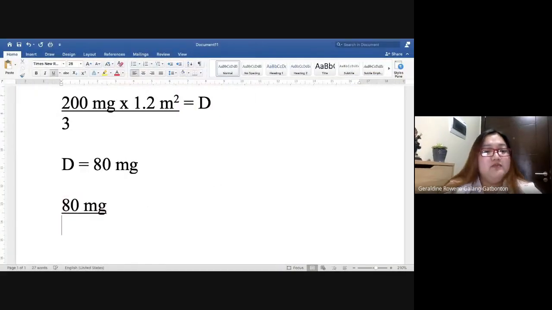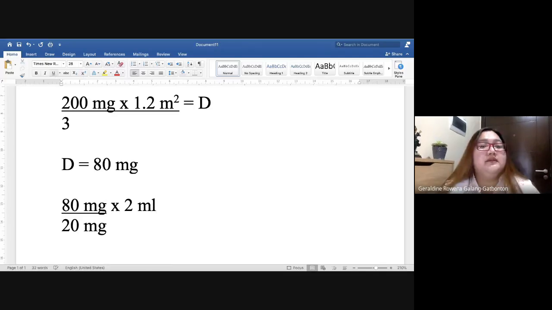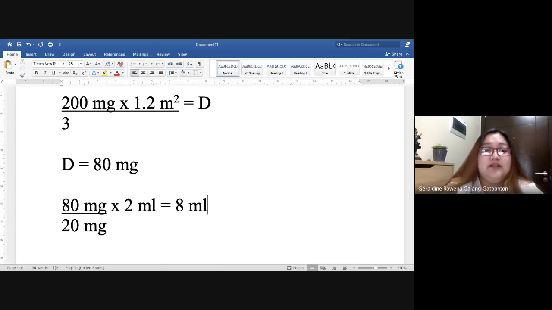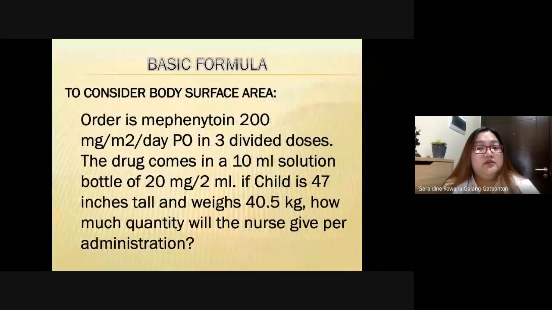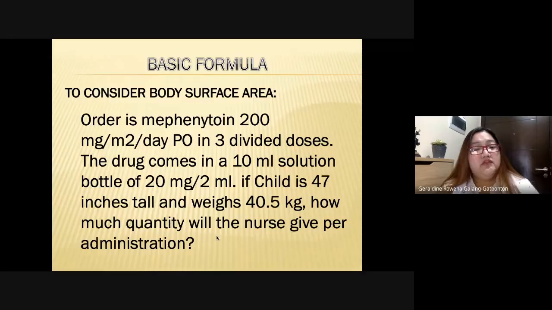Ibig sabihin yung H mo ay 20 mg, and then, ano yung quantity? 2 ml. So, D over H times 2. Okay, so 80 divided by 20 times 2. So, ilan ang quantity lahat nung ibibigay mo doon sa patient? 8 ml. Okay? So, how much quantity will the nurse give per administration? It's 8 ml.